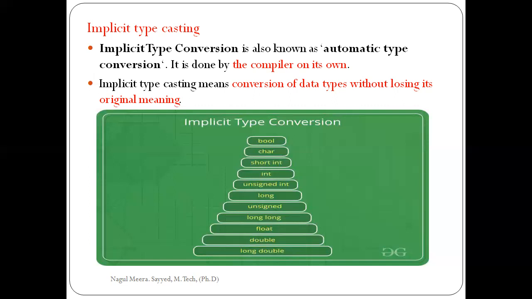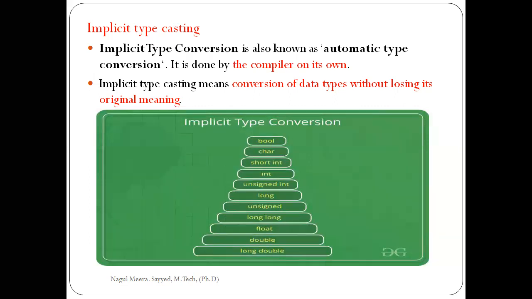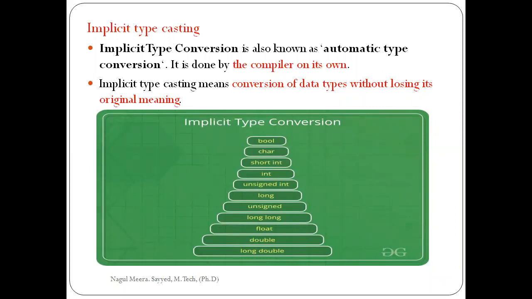These data types follow an order according to their sizes. Boolean data type is of small size. Compared with boolean, character is a little bit higher. Compared with character, short integer is higher, as well as integer. Likewise, which one is the highest? Long double.